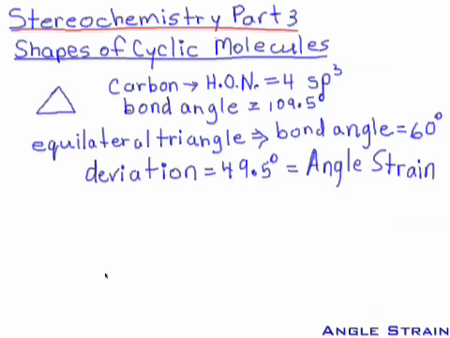Why is that? Well, suppose we look at 2 of the carbons in the ring. So we're going to look here. We've got another one over here. Here's our cyclopropane. The sp cubed orbitals actually do point at angles of 109.5. But the bond that we draw is along the dashed line.